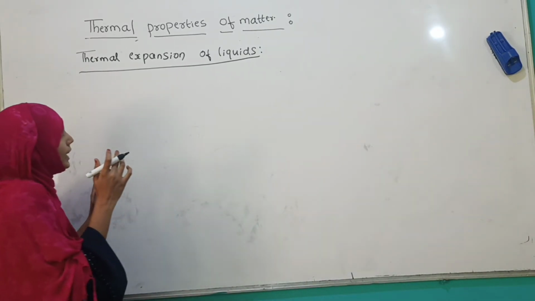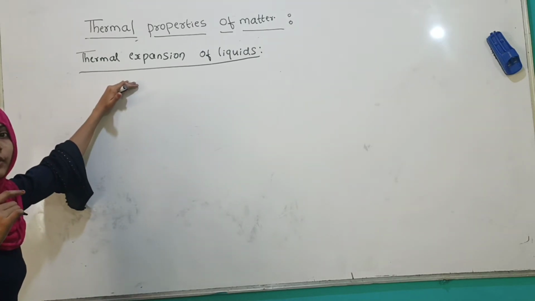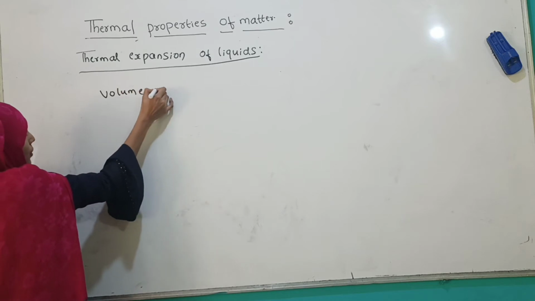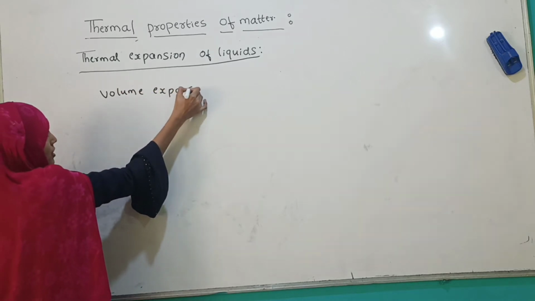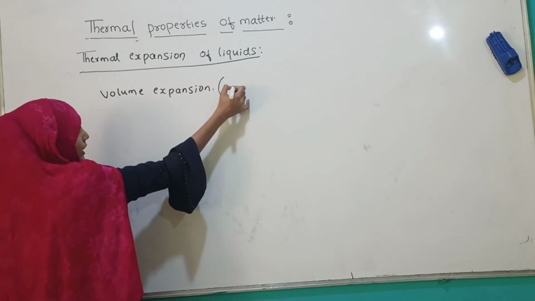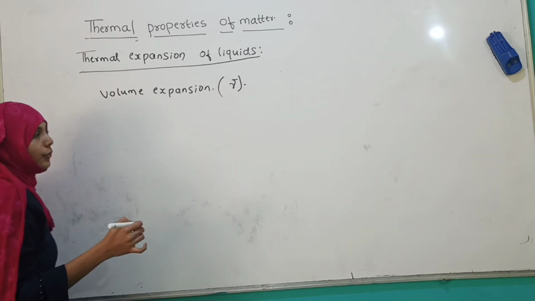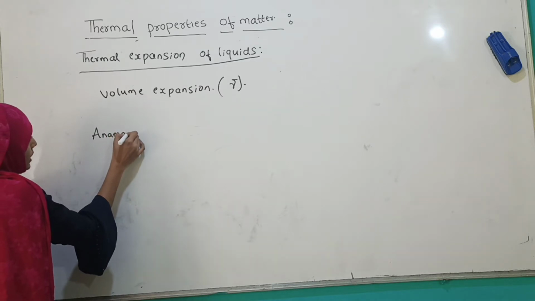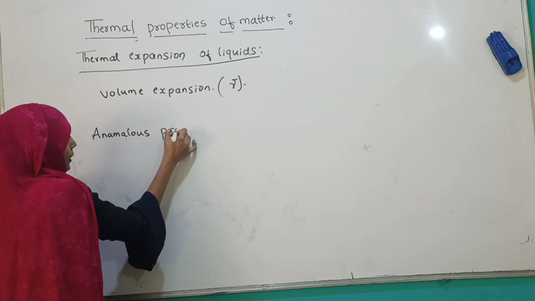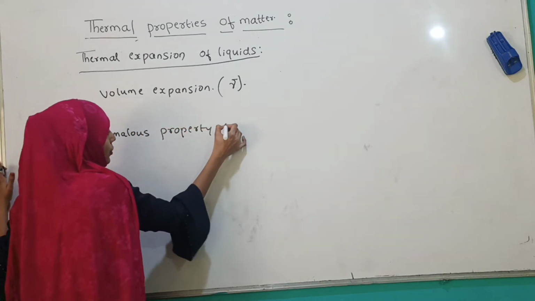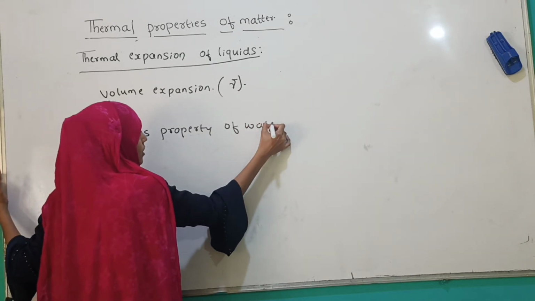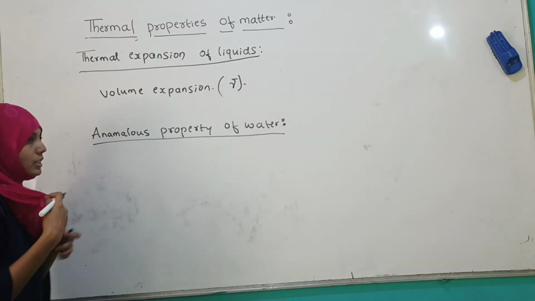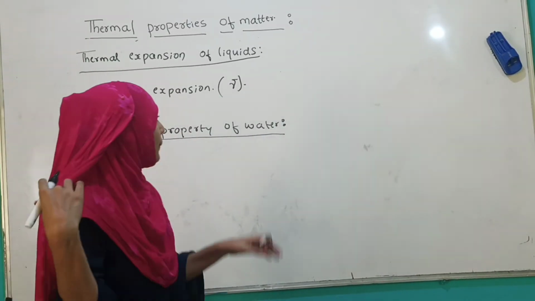Since liquids have only volume expansion, that is only the gamma value. Here is one anomalous property of water. Here, the anomalous property of water.